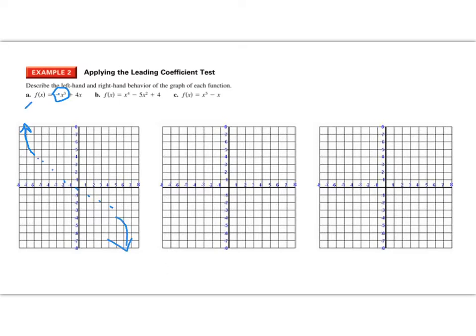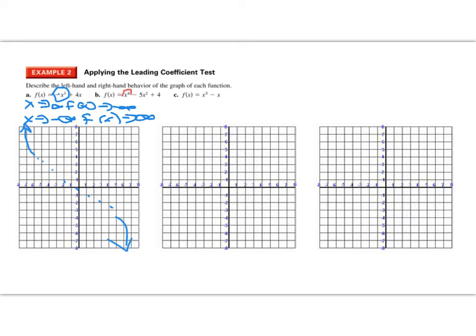So as x approaches infinity, f of x goes to negative infinity, and as x approaches negative infinity, f of x goes to positive infinity. Okay, my next one we'll do in red.